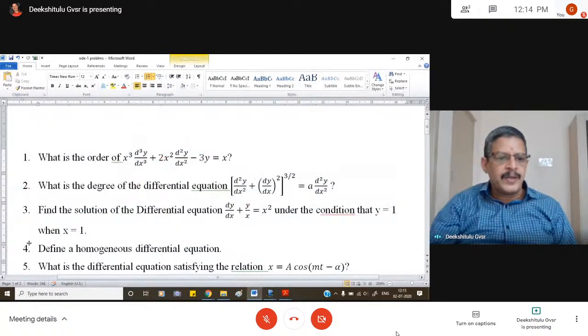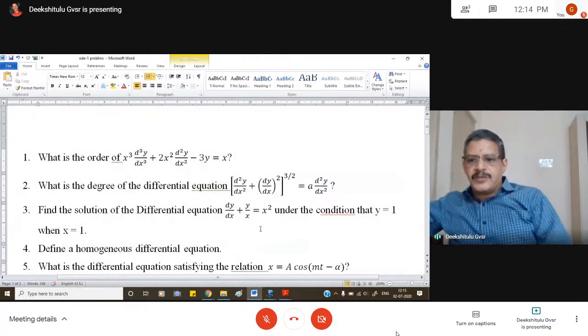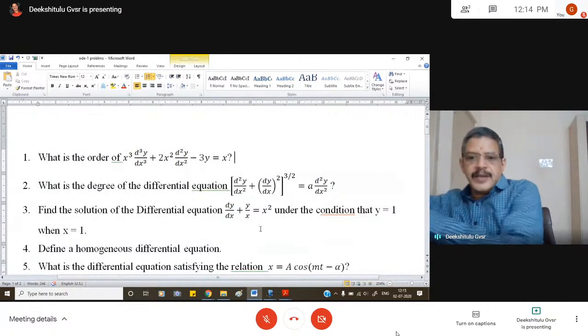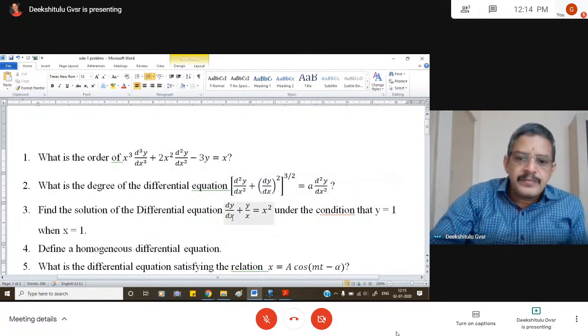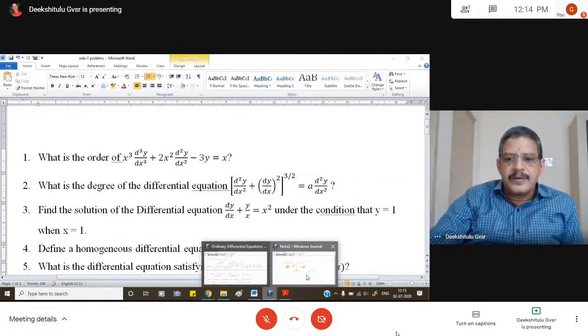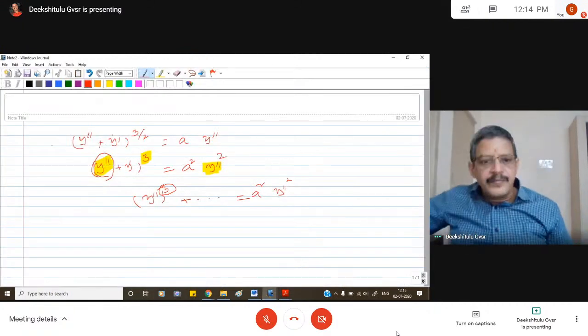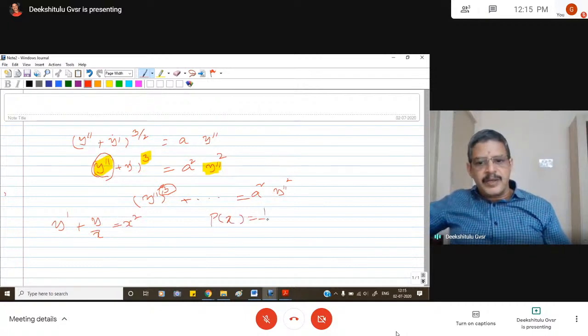And the solution of the differential equation dy by dx plus y by x is equal to x square. So it's again a linear equation. It's a linear equation with p of x is equal to 1 by x.